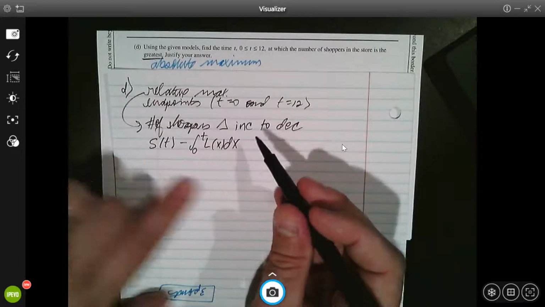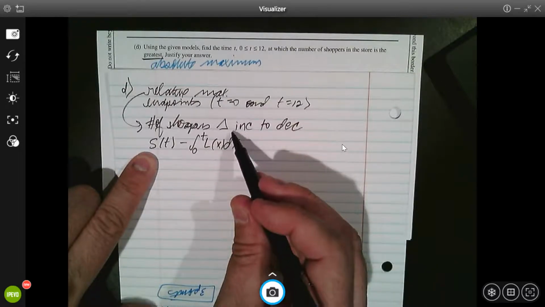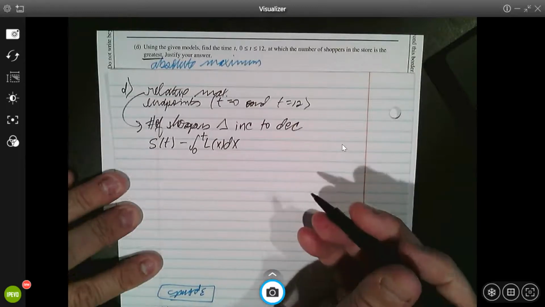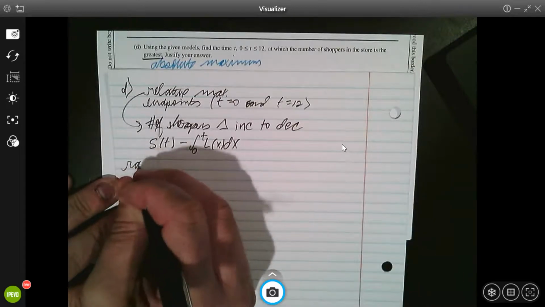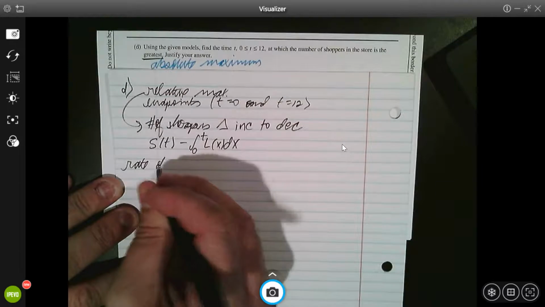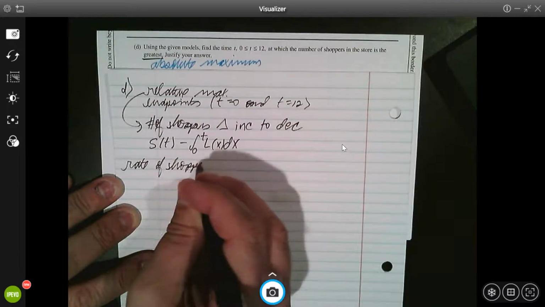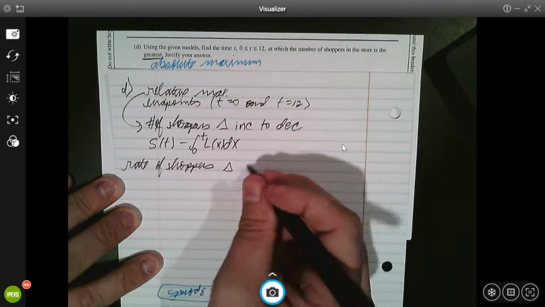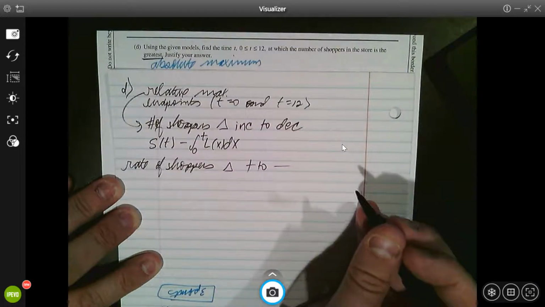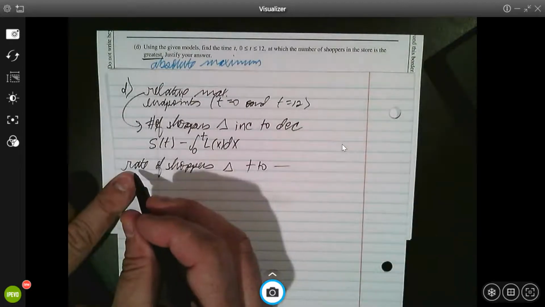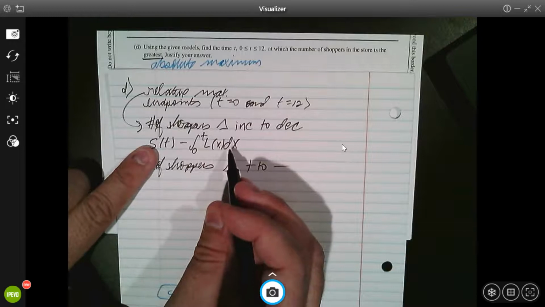In order to figure out where this function changes from increasing to decreasing, I want to see where the rate of shoppers in the store changes from positive to negative. Well, to evaluate that rate, I need to take a derivative.